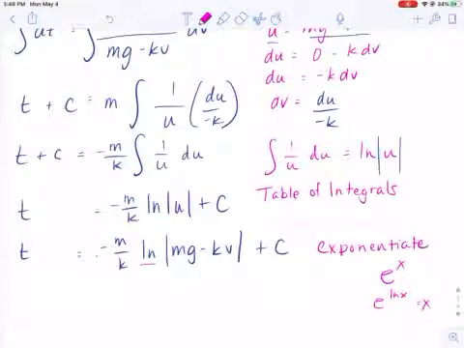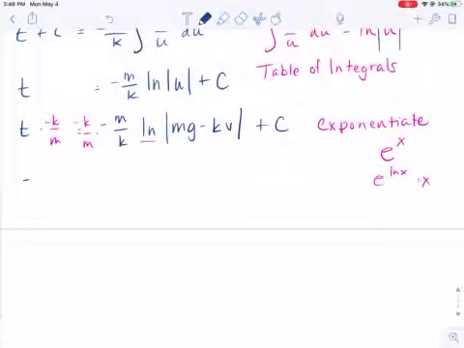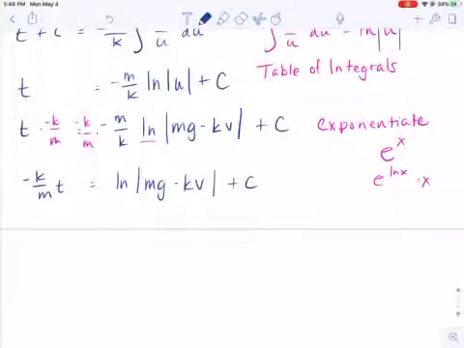Before I do that, just a little bit of housekeeping here. I'm going to multiply both sides by negative k over m. And that's going to give me negative k over m t equals the natural log of mg minus kv plus c.